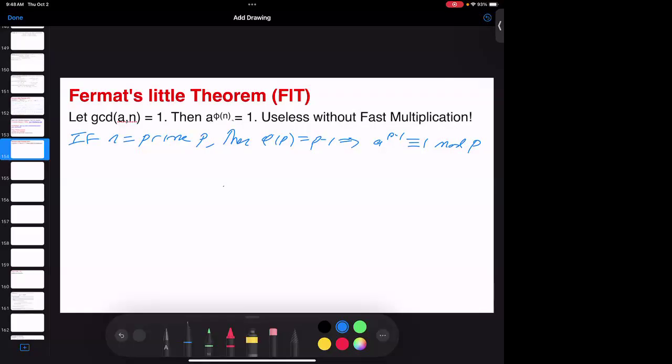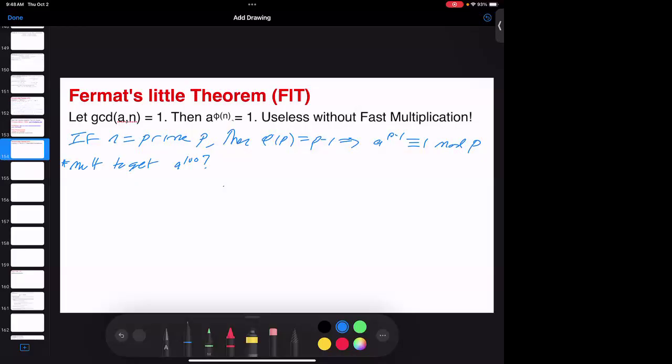So if I wanted to calculate a to the 100, how many multiplications would it cost to get a to the 100? Oh, 100. Almost.